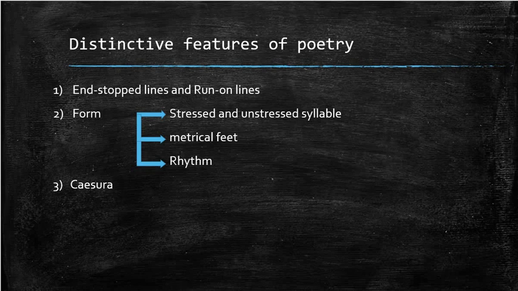A caesura occurs when we have a punctuation mark at the beginning of the line, where we have an initial caesura, or in the middle of the line, where we have a medial caesura, and so on. However, simply we can look at caesura as a stop within the verse or the poetry line, marked by the presence of a punctuation mark.